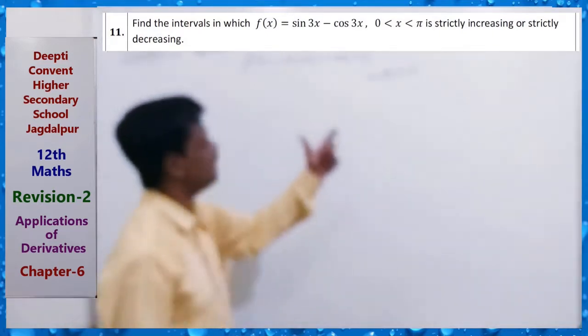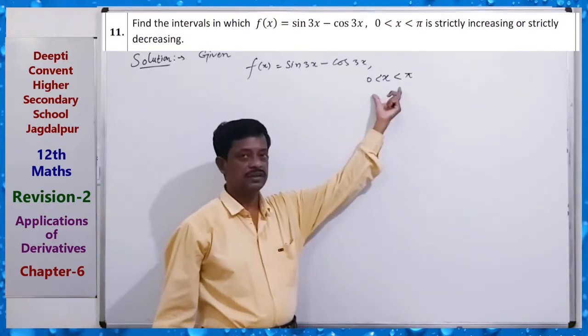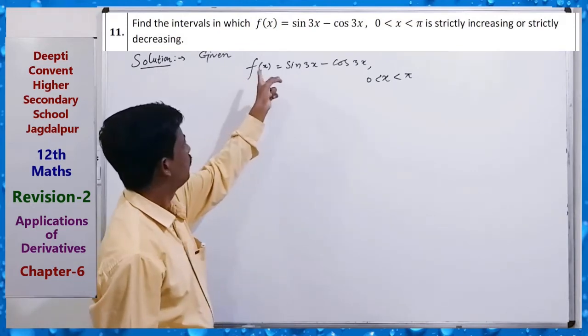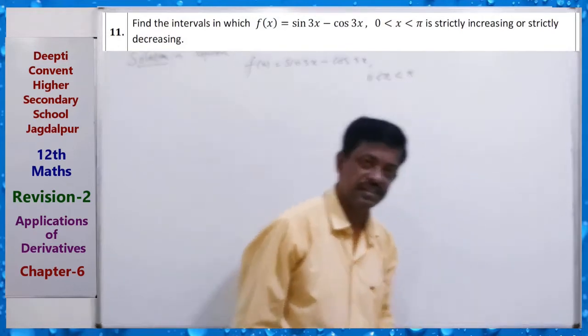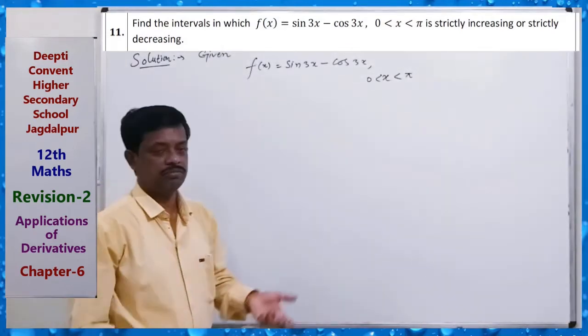So we have to find the interval in which the function is strictly increasing and strictly decreasing. Clear? So how can we find?